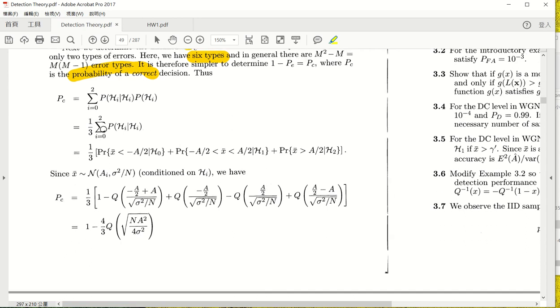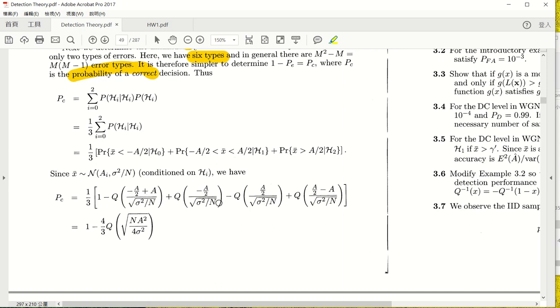All right, and then continuing on, you have 1 over 3 times the probability of this equal to something, and of course when you're making the decision for the second one, you have this in the middle, right? And then you have this larger than a over 2. And then we make out some Q functions, because this is a Gaussian distribution, right? Gaussian distribution has a Q function formulation.